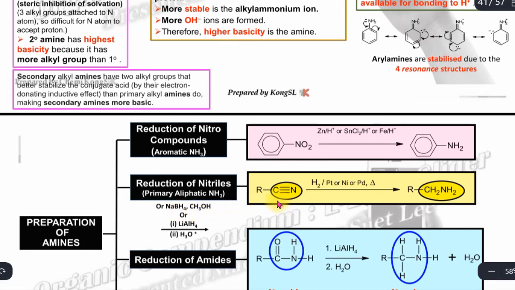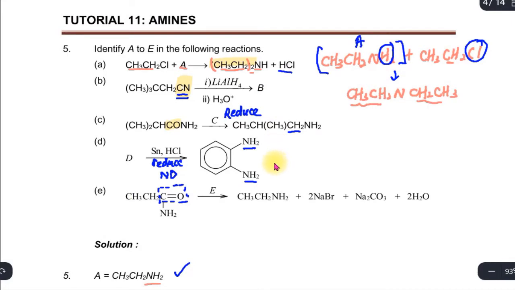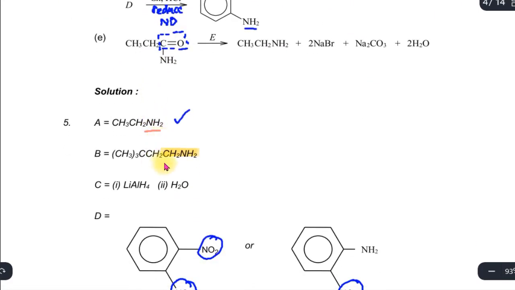This is C triple bond N, and then it is reduced and becomes CH2NH2. You just copy and paste this part, and then the nitrile compound will become CH2NH2.